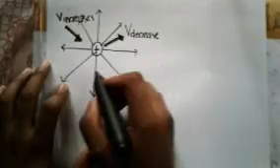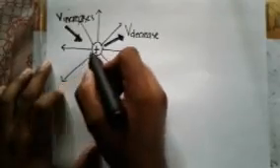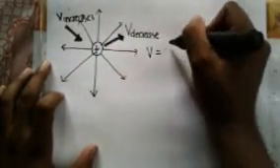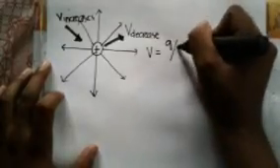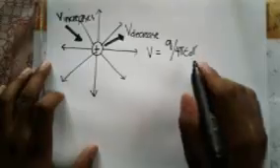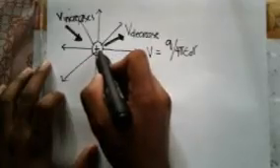Now, again, the electric field is directed away from the charge. So we have a potential equal to Q over 4 pi epsilon naught R, which is positive at any finite distance from the charge.